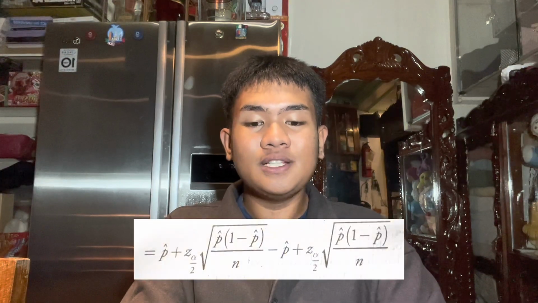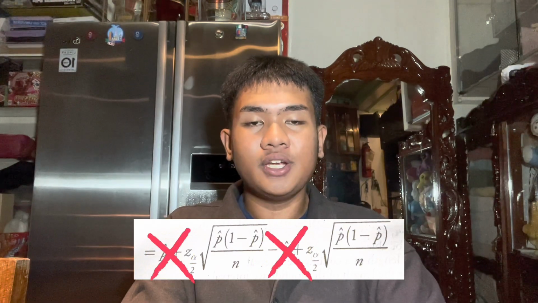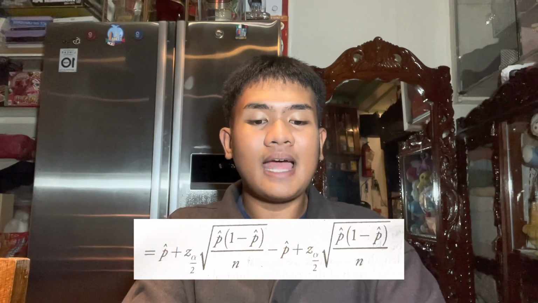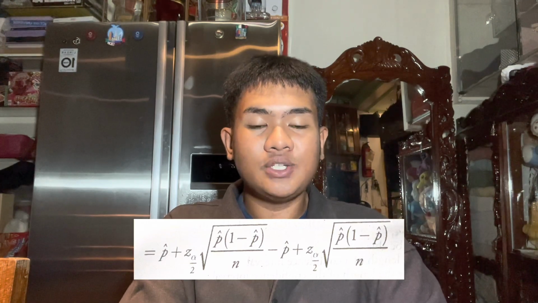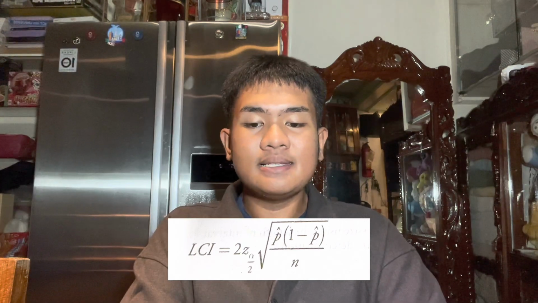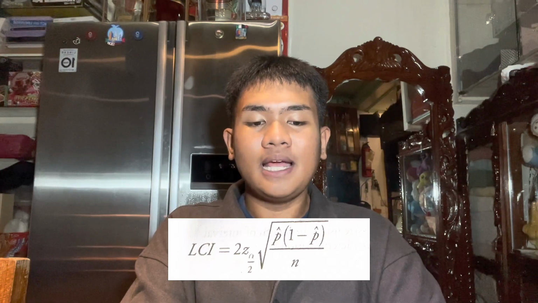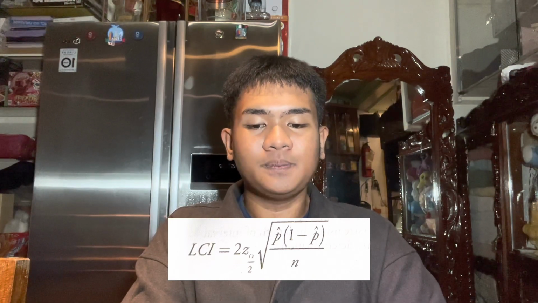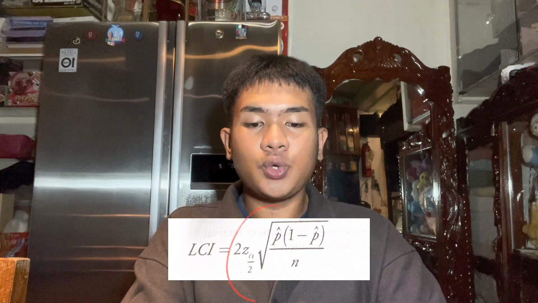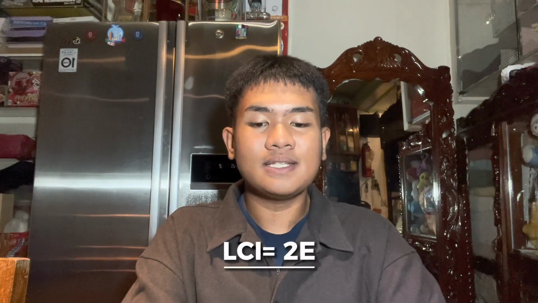Now, what is going to happen is these two P hat terms are going to cancel, and we add these two, with the result of LCI equals 2 Z sub alpha over 2 times the square root of P hat times 1 minus P hat over N. This portion of the result is what we call the margin of error, or E. In other terms, we can simplify the answer by putting LCI equals 2E.